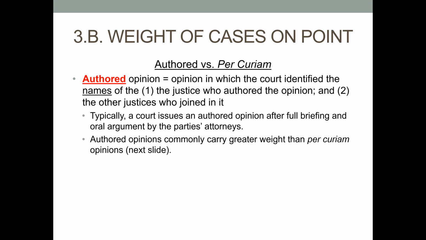Because authored opinions typically are issued after full briefing, full oral arguments, the full scope of the typical appellate process, authored opinions commonly carry greater weight than the other type of opinion that I'm comparing it to, and that is the per curiam opinion.